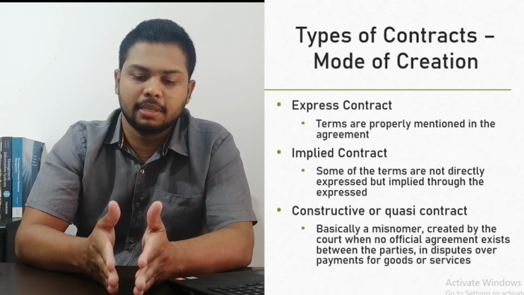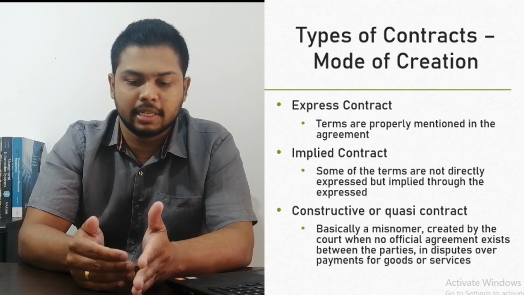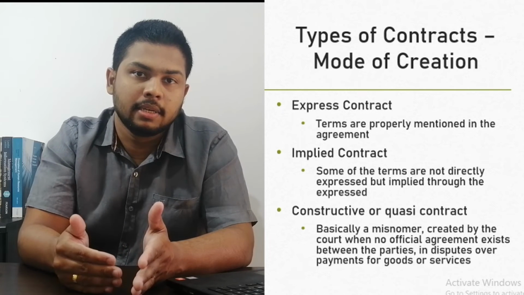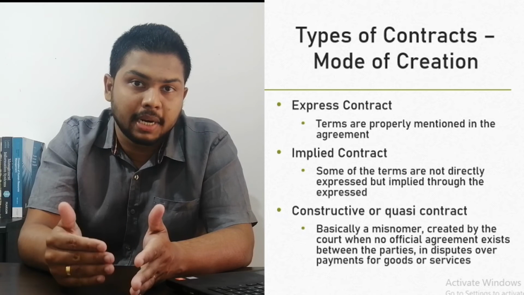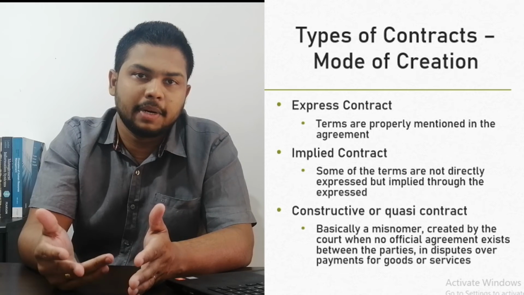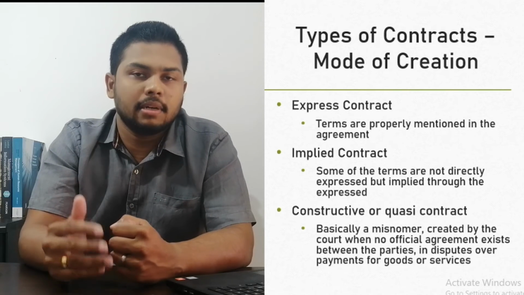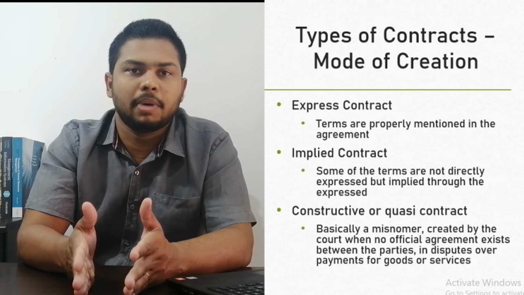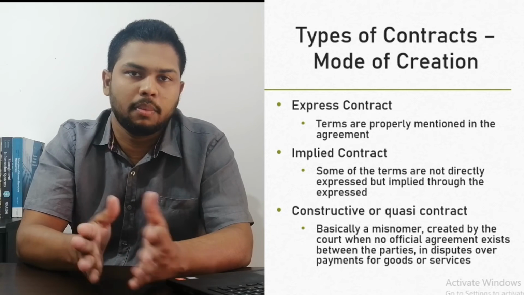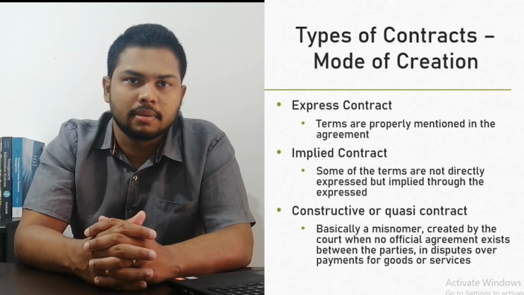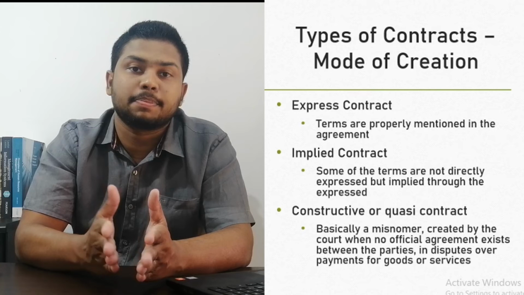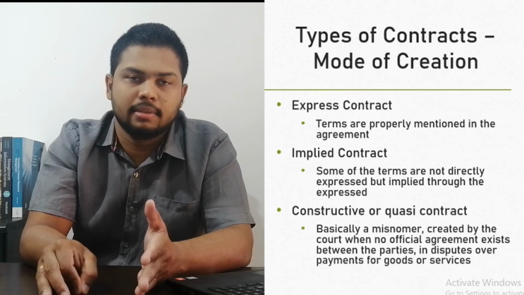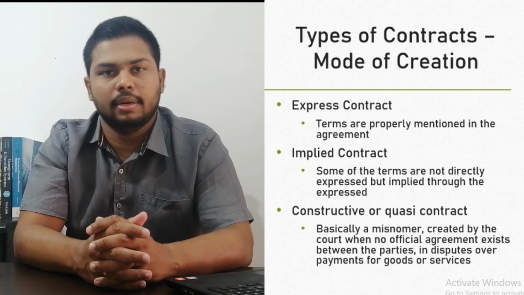Let's say what are the obligations you have to the other party as the first party, and the other party's duties and responsibilities are also mentioned in the contract. Other than that, you won't be bound by any other legal obligations to either party. So all these things are expressed, written or mentioned. Those are called express contracts.